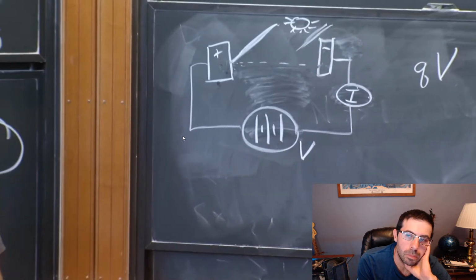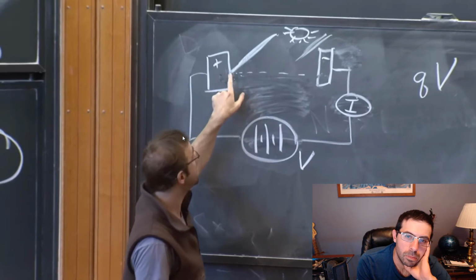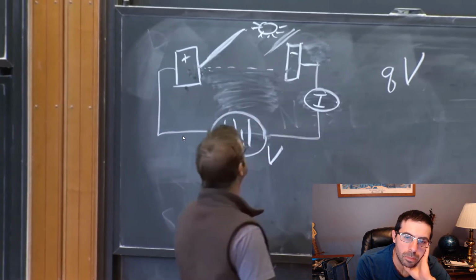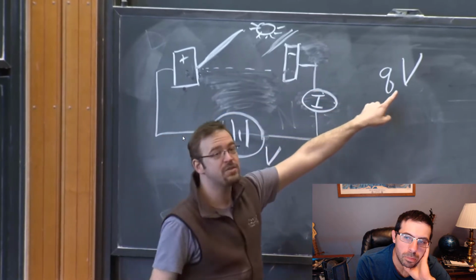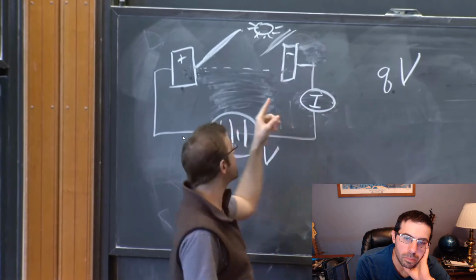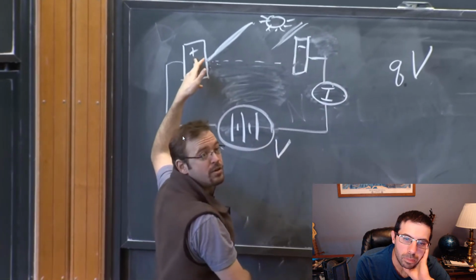That cool? So now imagine I send in light, and it leads an electron to jump across, and it has kinetic energy Ke. Well, if the kinetic energy is less than this, will it get across? Not so much. It'll just fall back. But if the kinetic energy is greater than the energy it takes to cross, it'll cross and induce a current.